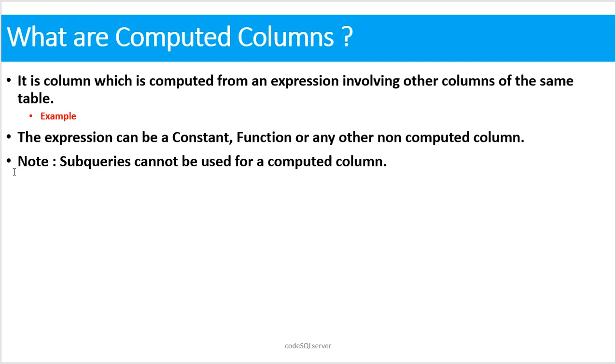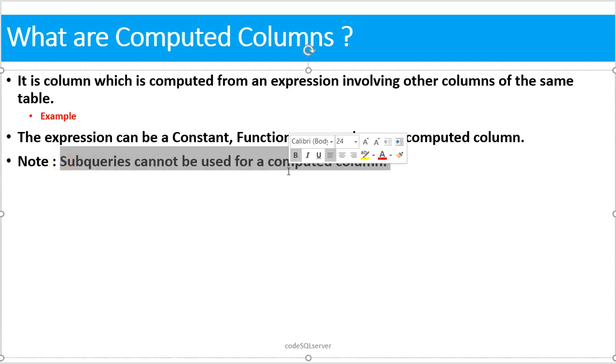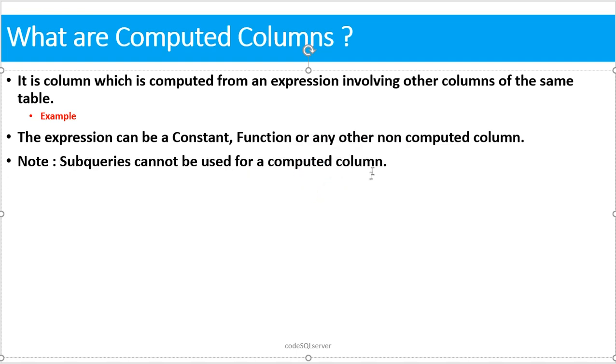Also, we can have constants for that computed column value. As and when we do the examples, this will become more clear to you. One of the most important things to keep in mind regarding computed columns is that subqueries cannot be used for a computed column. So this is the simple definition.